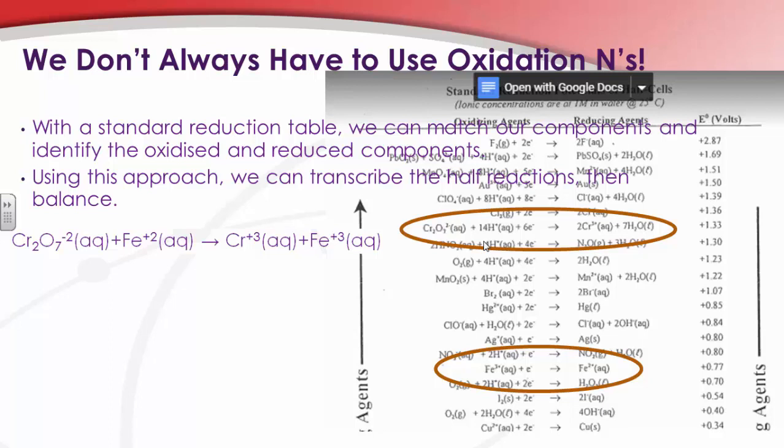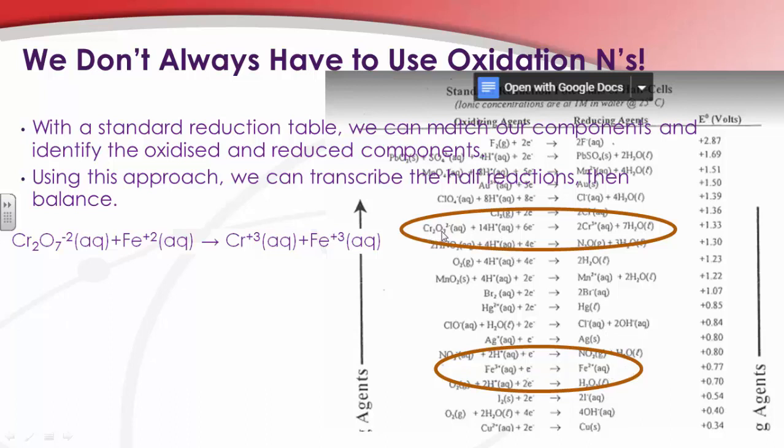Now the only trick involved is that this is a table of reduction potentials. Both of these reactions are in fact reductions, so we have to recognize that one of these components is oxidized. Can you see which one? Yes, iron, its oxidation number is going up. Iron's being oxidized. So we have to reverse this reaction.